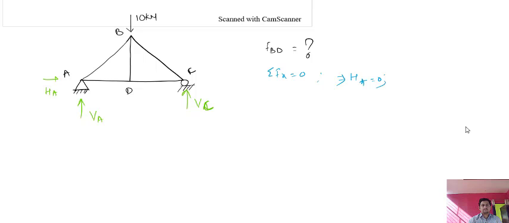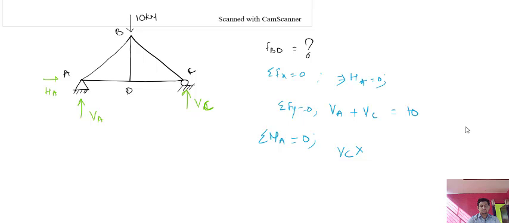And summation Fy equal to 0, for that VA plus VC equal to 10. And summation of moments about point A equal to 0, if I am applying it at this point. So you need to put your hand here and see the reactions from this side.